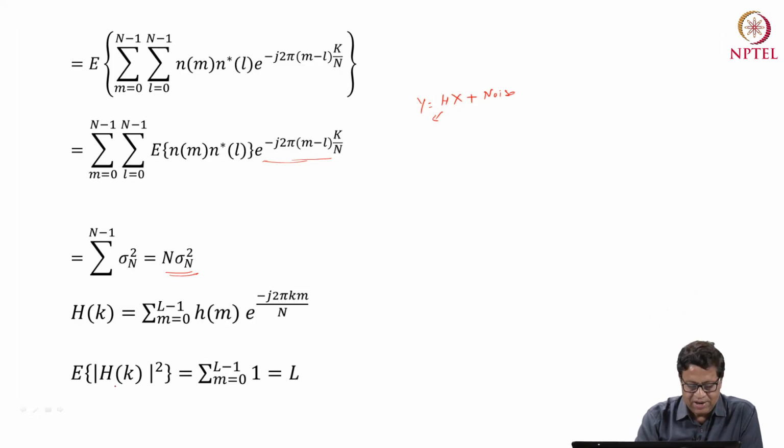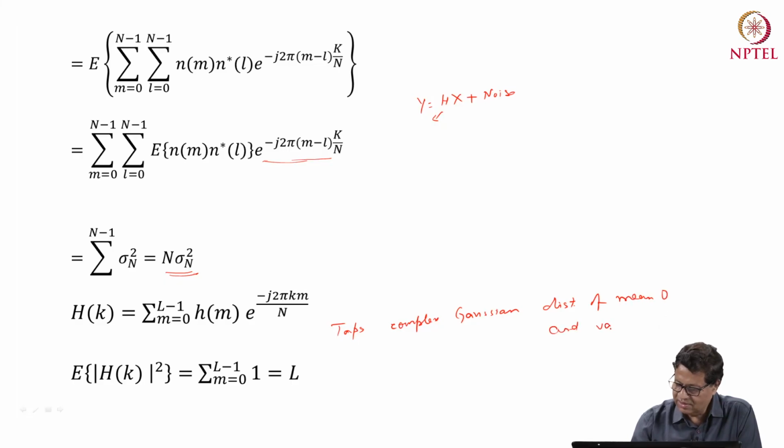So take the square, and this is assuming that these taps are complex Gaussian distributed with mean 0 and variance 1.